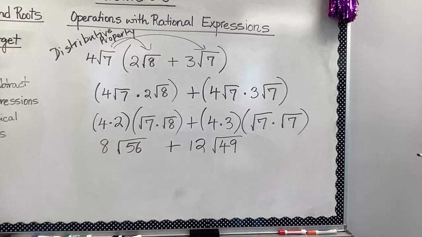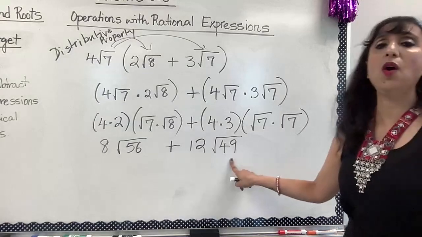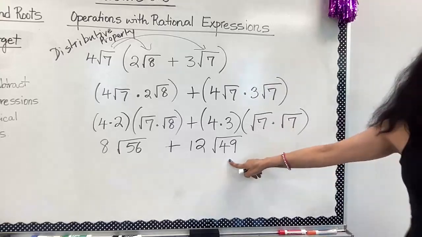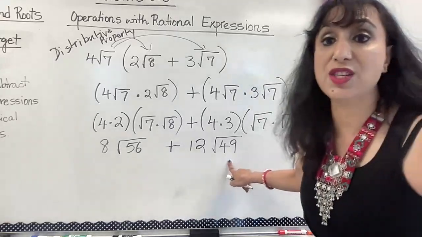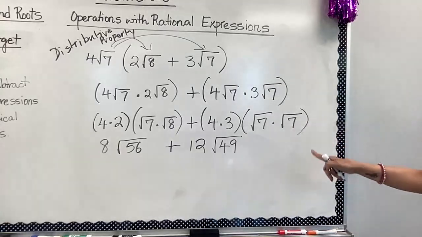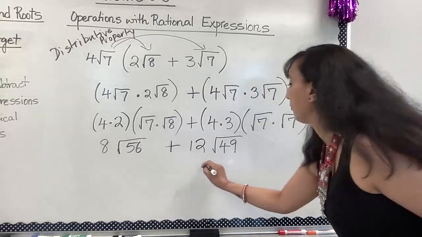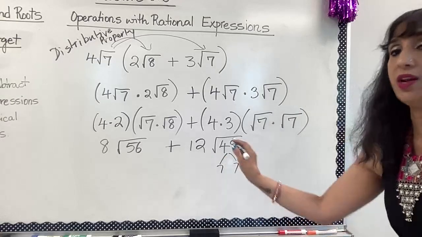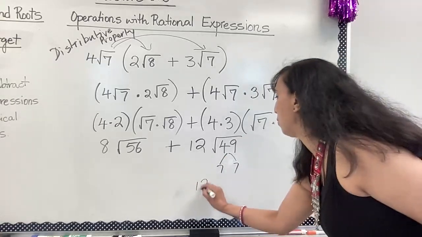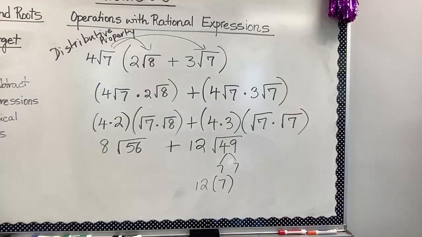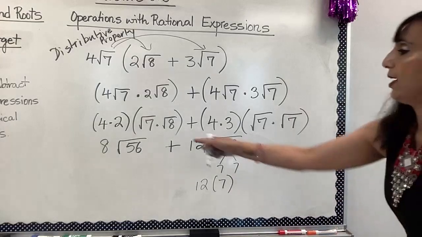Now when I look at this, I know that the square root of 49 is going to be 7 because 7 squared is 49. So I can automatically put over there, because look, 7 times 7, so on this one, I can immediately do 12 times 7. Now, let's look at this side.